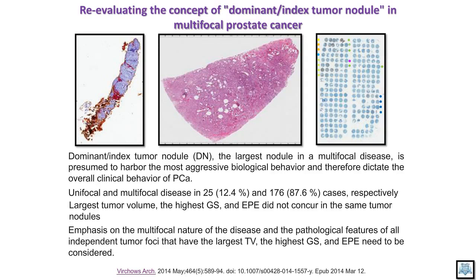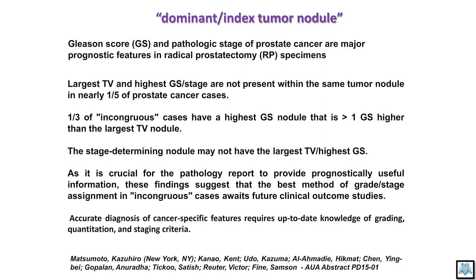So in more than about one fifth of the prostate cancers, you may not find the largest tumor volume, the highest Gleason grade, or the stage present within the same tumor nodule. Sometimes you will find a smaller tumor foci with a Gleason grade at least one grade higher than the so-called dominant or index nodule.